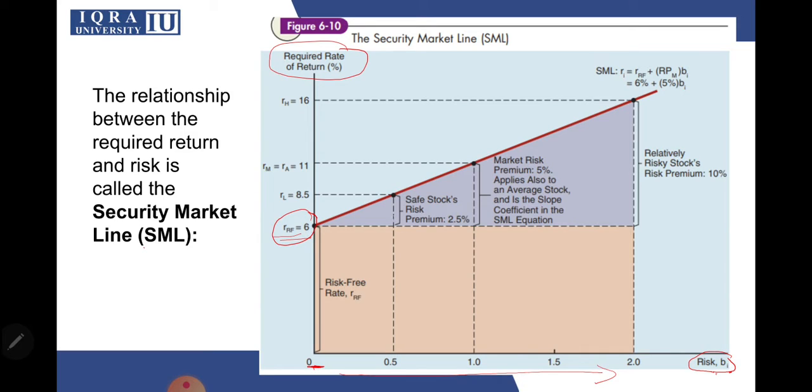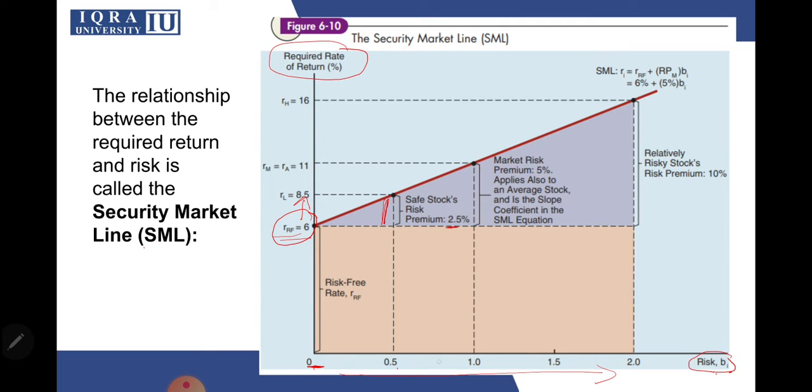Now as you can see that the beta increases, which means that the market risk, the volatility with the market starts to increase. So from 0 it goes to 0.5. The required rate of return goes from 6 to 8.5%. So there is a 2.5% risk premium over here. This difference measures your risk premium.